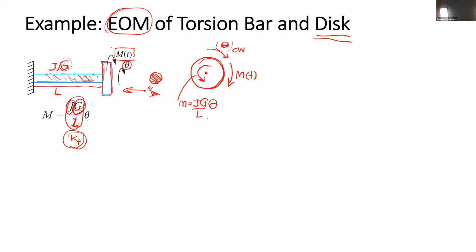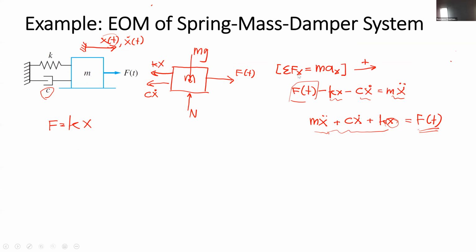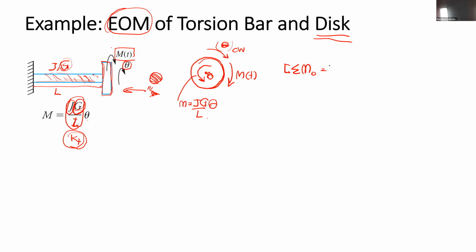Okay, to obtain the equation of motion, we're gonna do the summation of moment about the rotational point, maybe assume as O, equal to the moment of inertia about point O alpha, or angular acceleration.